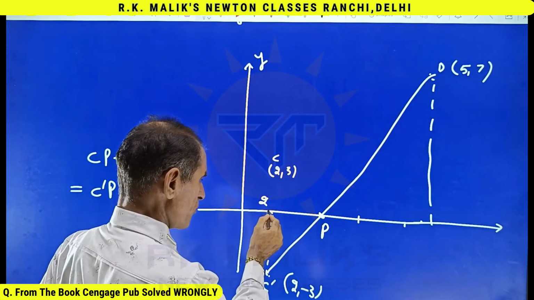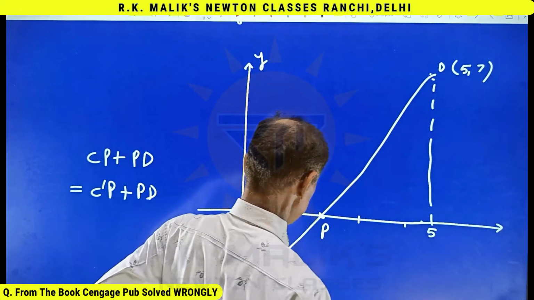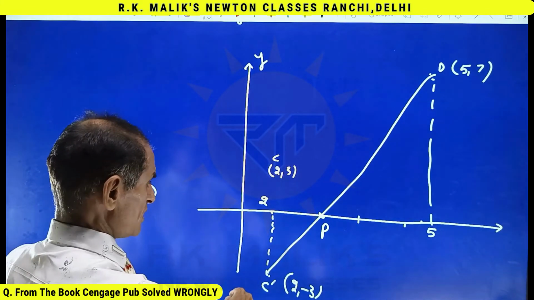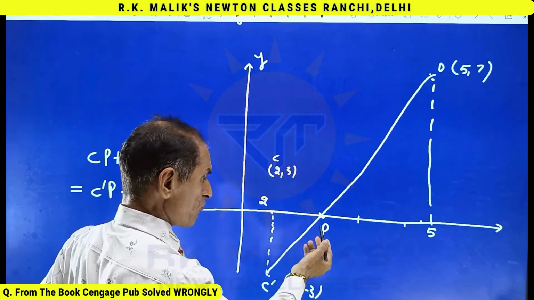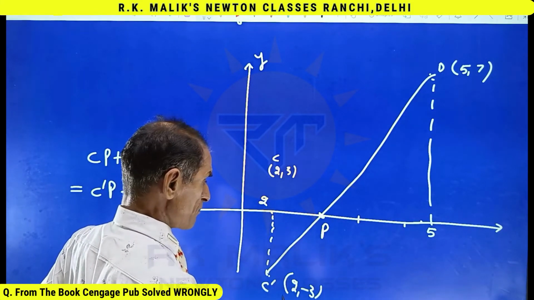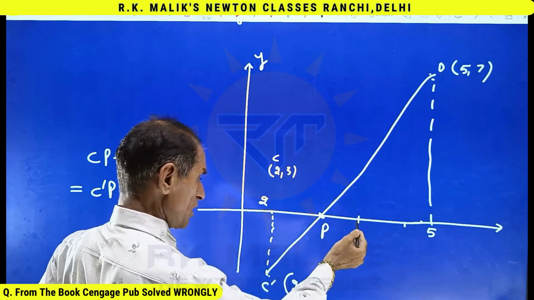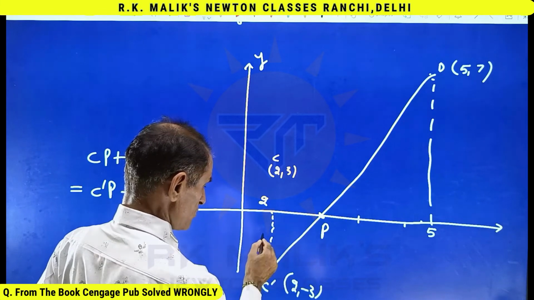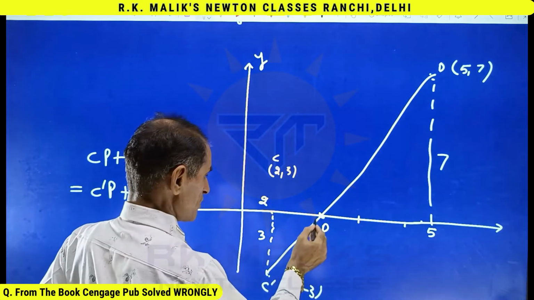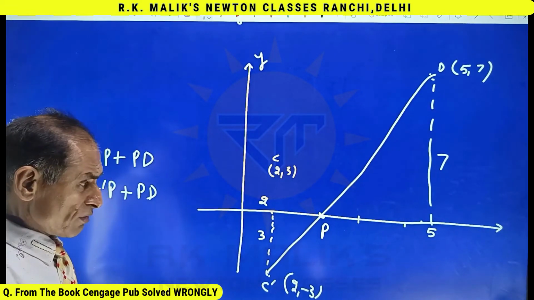Clearly this point will have x coordinate 2 and this point will have x coordinate 5. Instead of finding the equation of C dash D and putting y equal to 0 in that equation, which is a bit lengthy, better is, because these two triangles are similar, this length is 3, this length is 7, therefore this length to this length will also be 3:7.